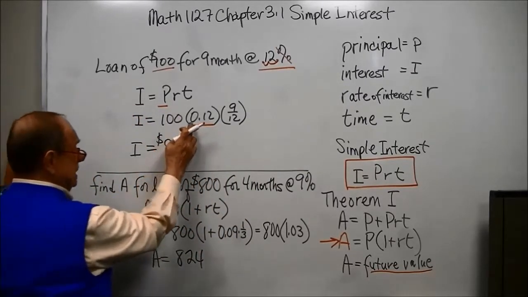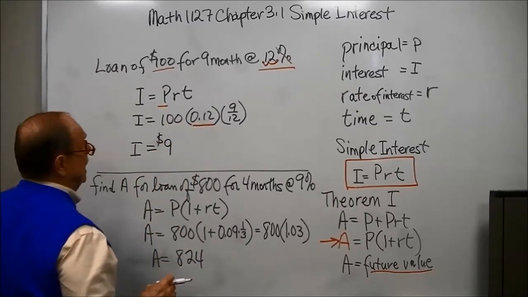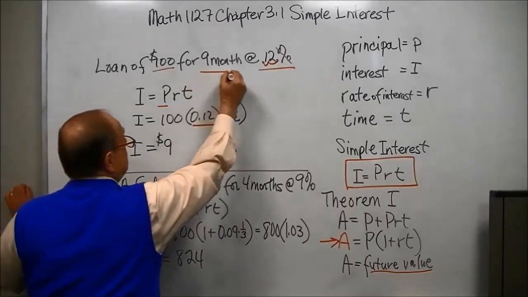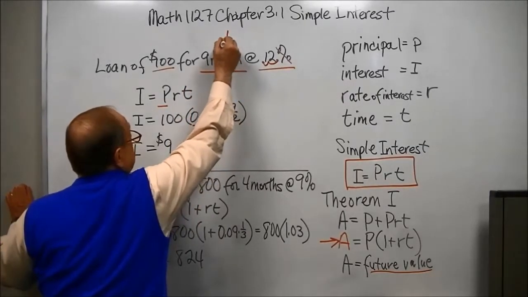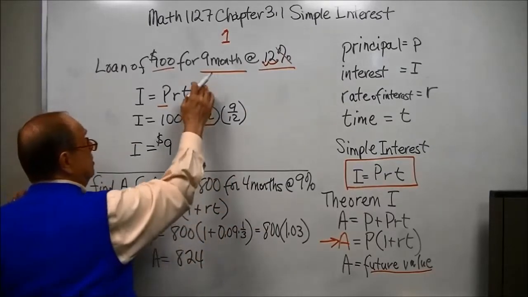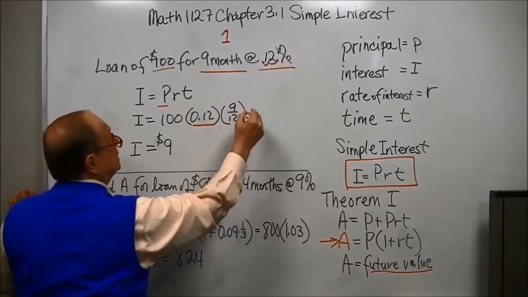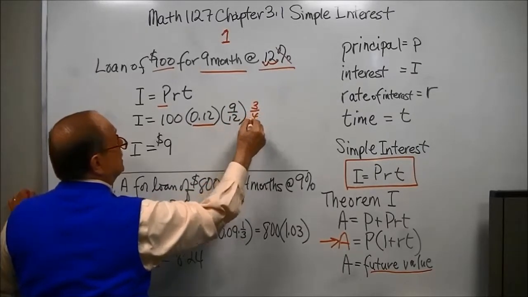And we usually put a 0 there to anchor our point. And our time period, since it's all based on a year, which is 12 months, so what part is 9 out of 12? Well, we could reduce this to 3/4 if we want.